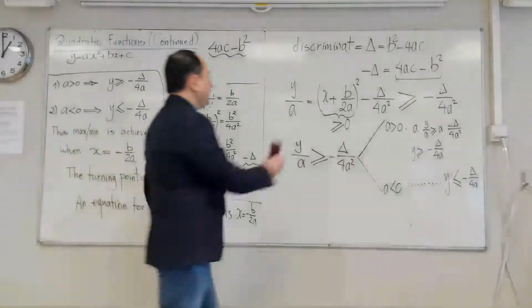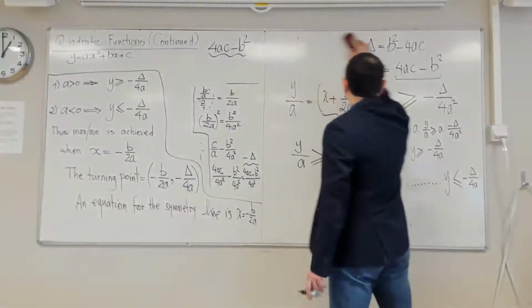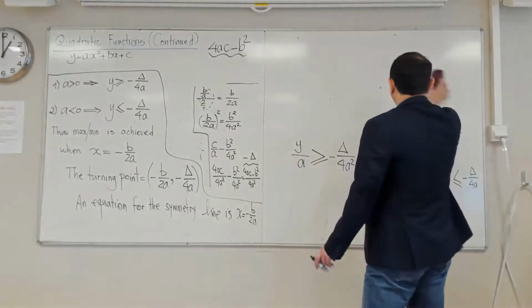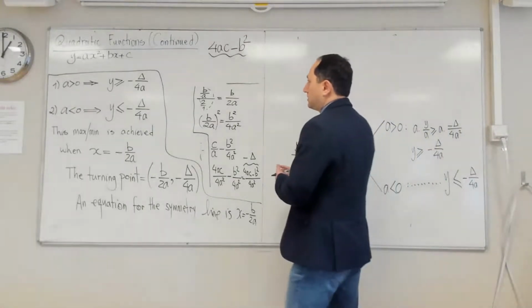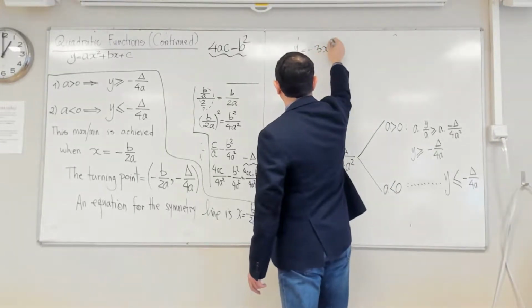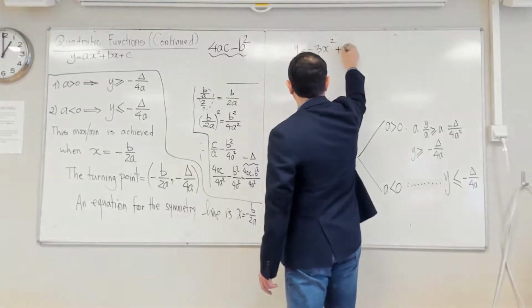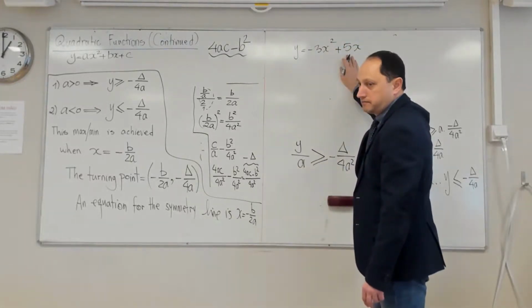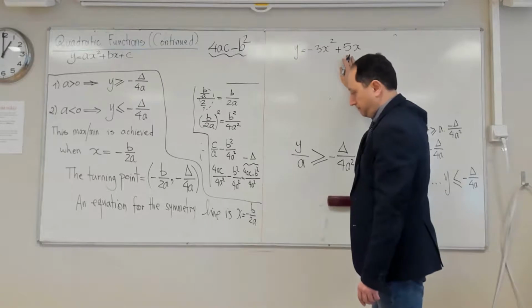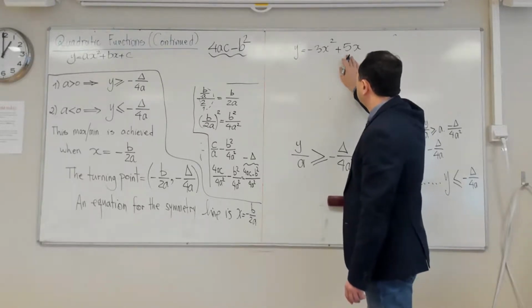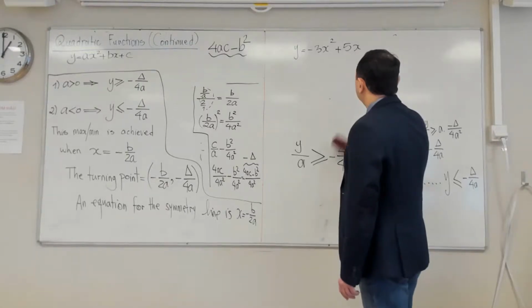I forgot the numbers in the previous example. Can you just read it for me? What was the last example I solved? I remember I started with y equals negative 3x squared, I think it was 5x here, and then I forgot. Yes, can you read it to me, please? It was negative 3x squared minus 6x plus 7.